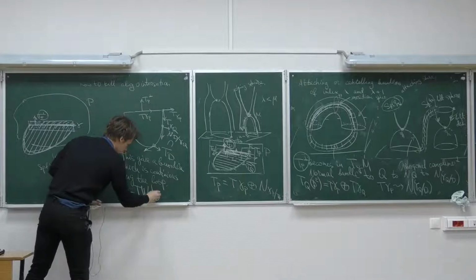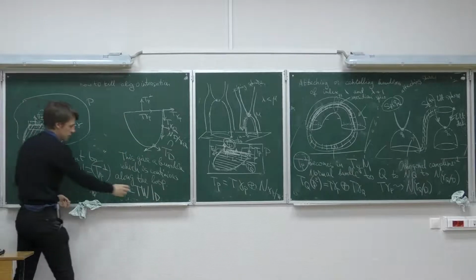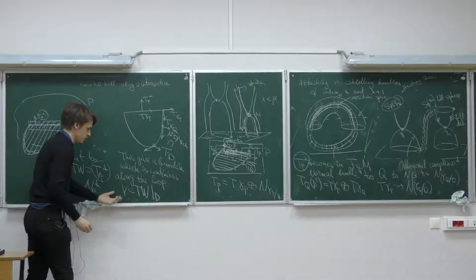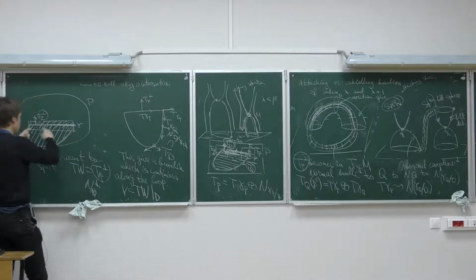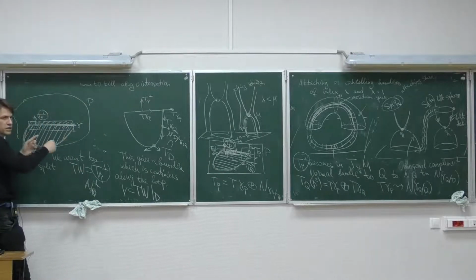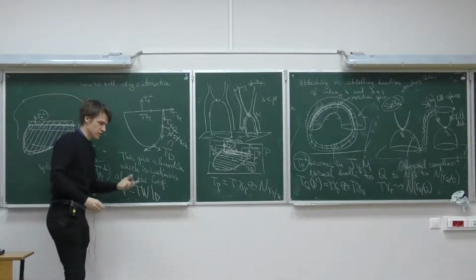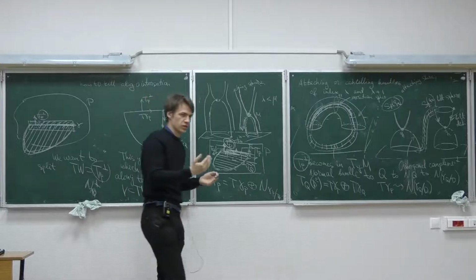Yeah, so in the tangent space of the disk, you have to have this tangent space of W. But you know that along the loop, you have already constructed this k-dimensional subspace.